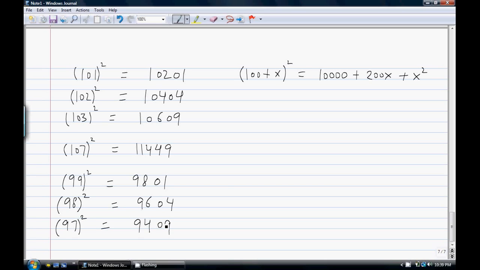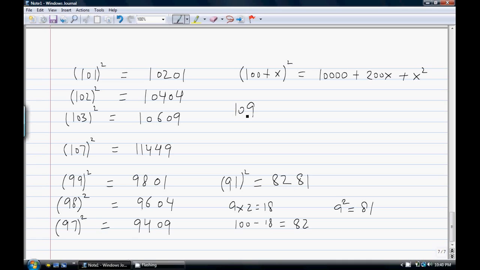So I can go until 91. 91 square is equal to, 9 times 2 is equal to 18, and 100 minus 18 is equal to 82. I'll write 82 here, and then 9 square is 81, so I'll write 81 here. So 8281.